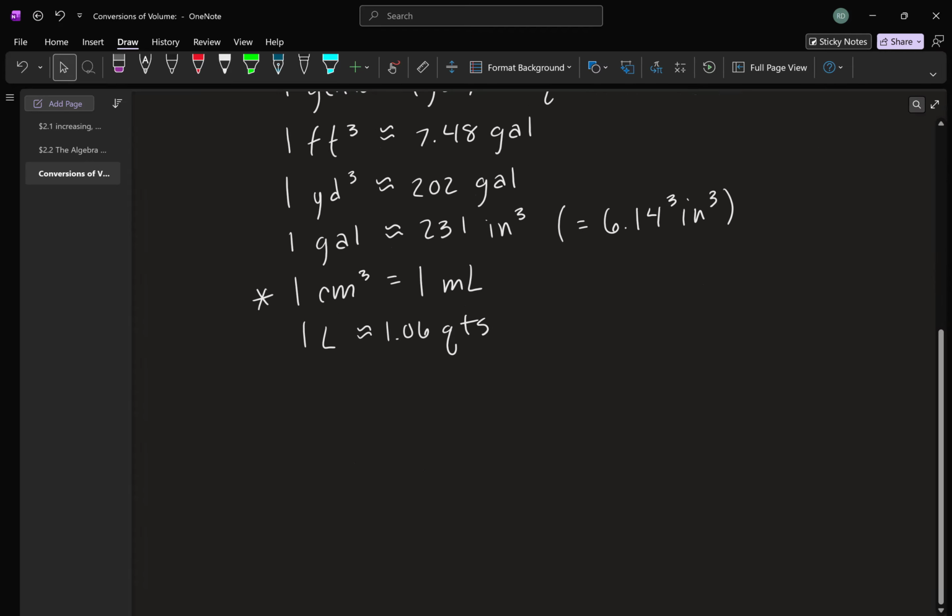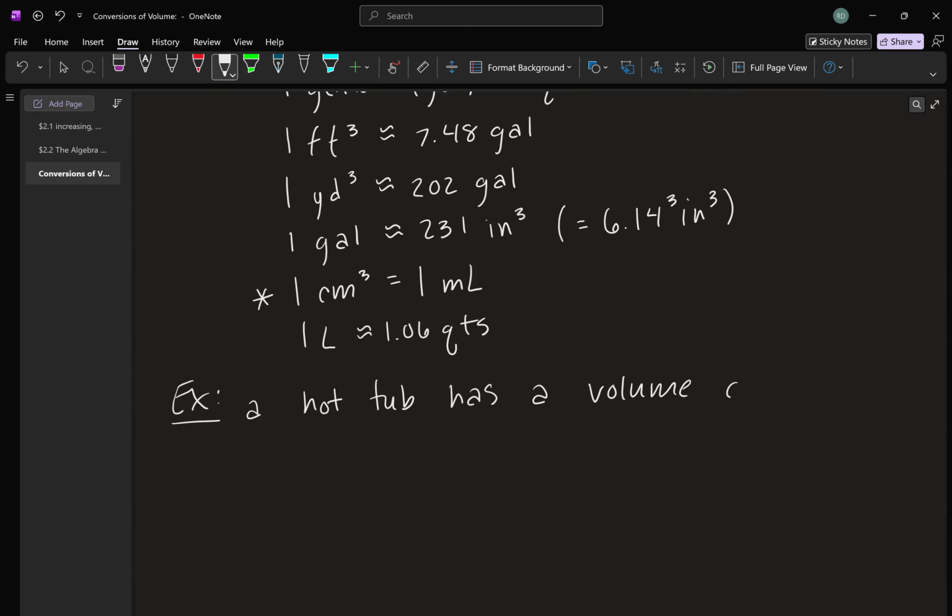Let's do an example. A hot tub has a volume of 300 gallons. How many cubic meters of water will you need to fill it?